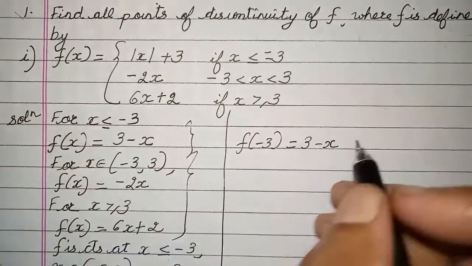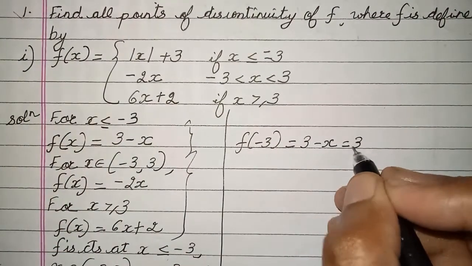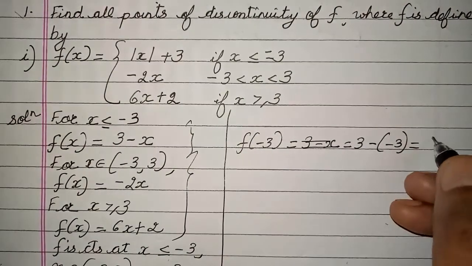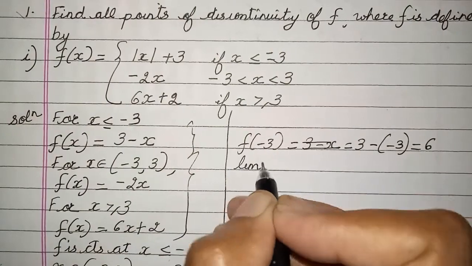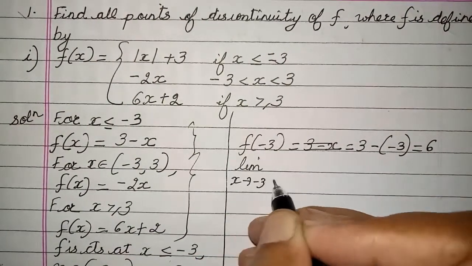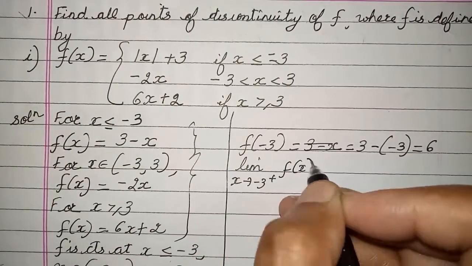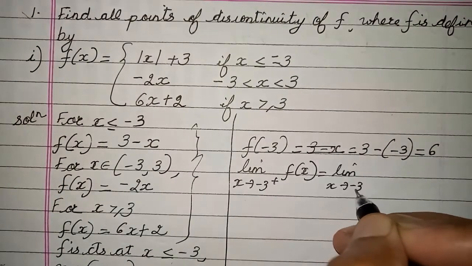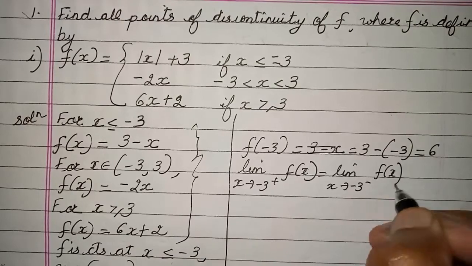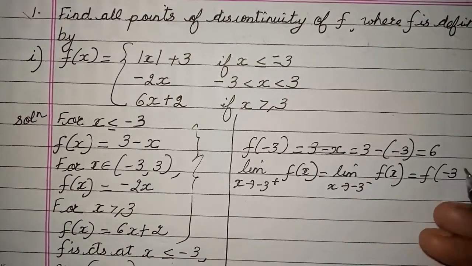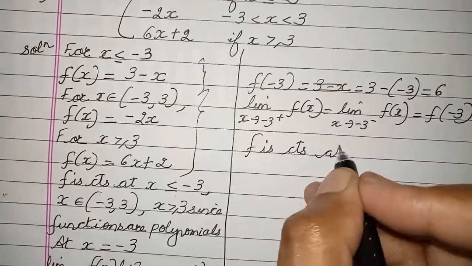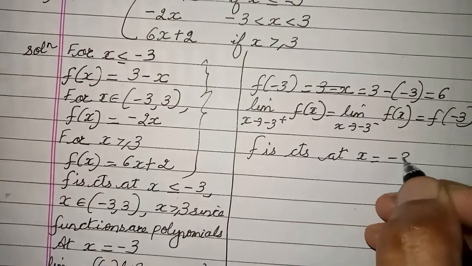This is the definition. So it is going to be 3 minus of -3, which is again 6. So you can see here limit as x tends to -3 plus f of x is the same as limit as x tends to -3 minus f of x, same as f of -3. So your function is continuous at x equal to -3.